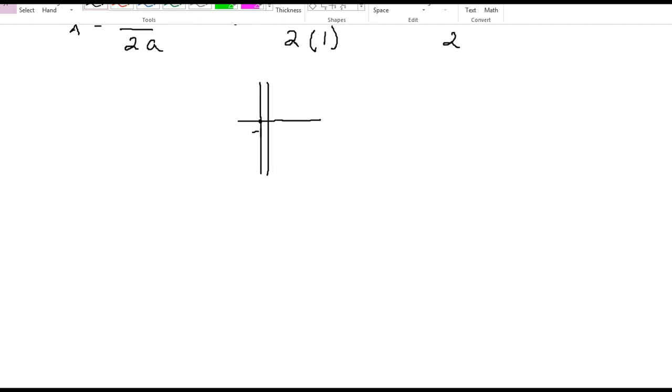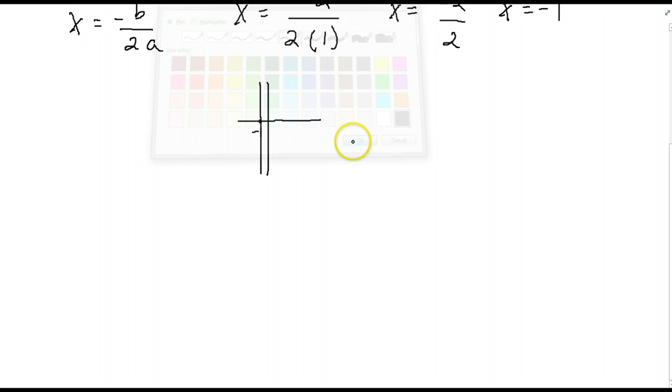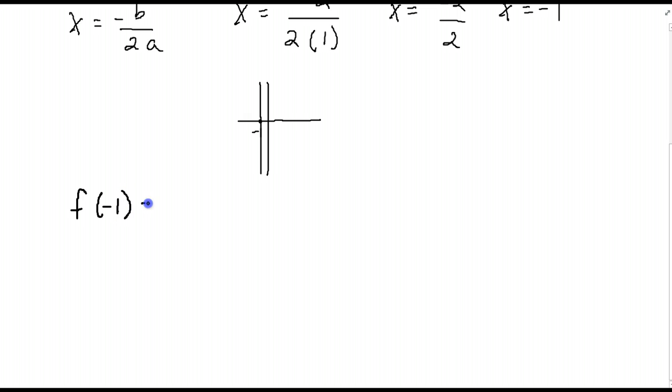So for our vertex, we have f of -1 equals (-1) squared plus 2 times -1 minus 3. And then we solve.